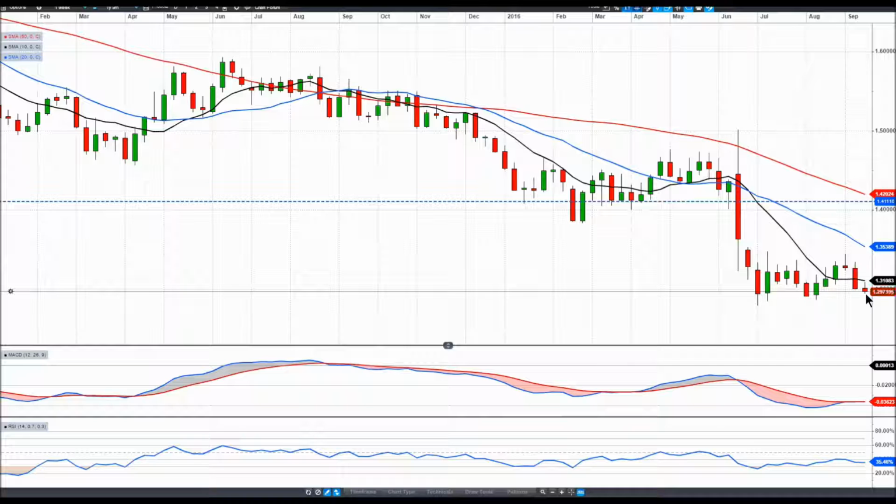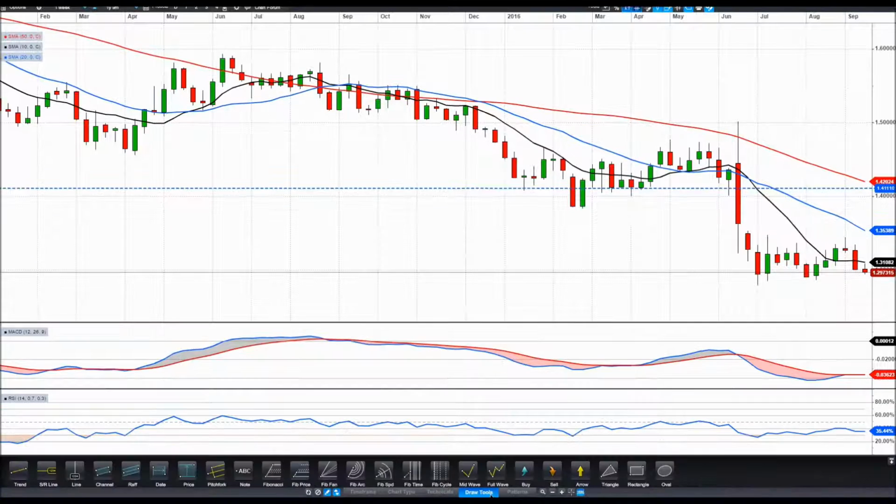So from a weekly perspective, the market is looking very sideways, but interestingly, it's now just coming back into the moving averages. So we've got this triangular formation forming here, which is going to draw a lot of traders' attention.